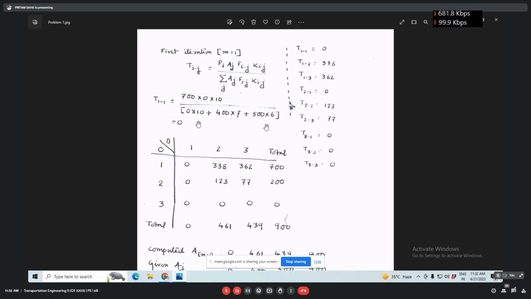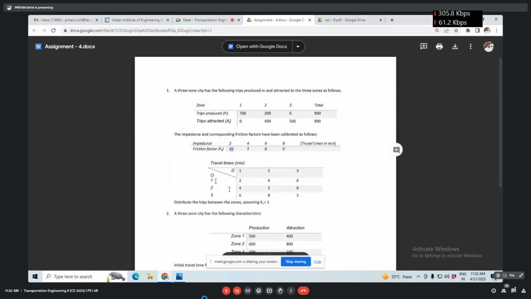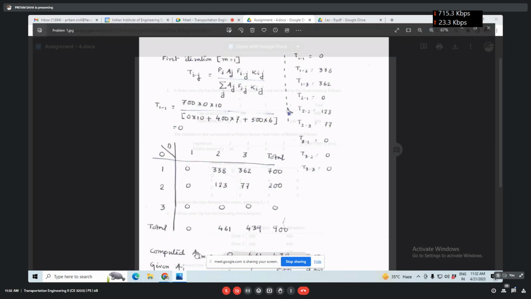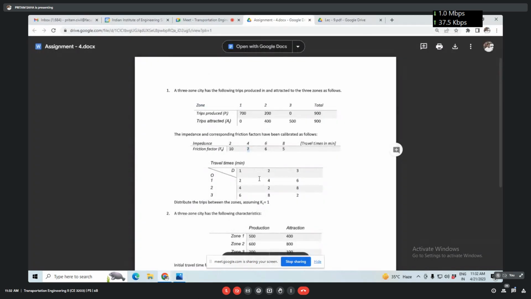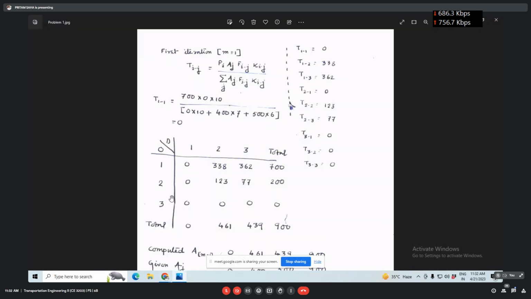Next one will be 1,2, and then 1,3. If you travel from 1 to 2, it is 4, so corresponding to 4 impedance, your friction factor is 7. Similarly, if you travel from 1 to 3, it is 6, so corresponding to 6, friction factor is 6. Ultimately, it's going to be 0.